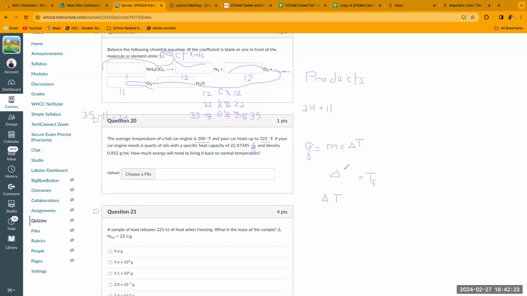Delta T is going to be equal to T final minus T initial. In this case, our T initial is going to be the 325. We know that in Kelvin, that was 436.